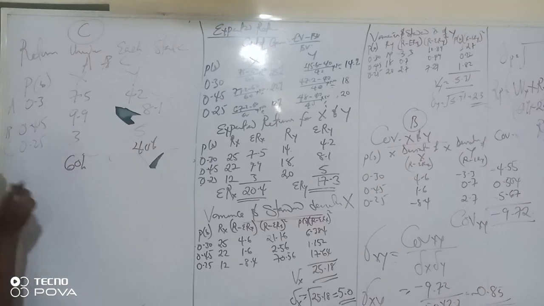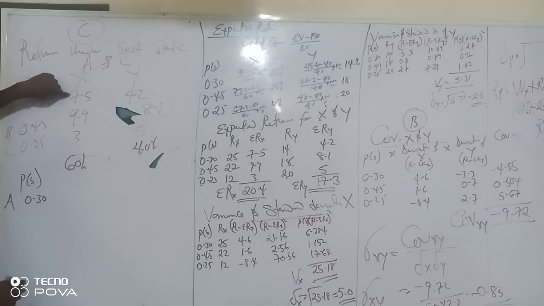Now, the return for each of the states. Number one, state A: the probability is 0.3. What are we expecting here? 7.5. You see, you are doing probability theory.